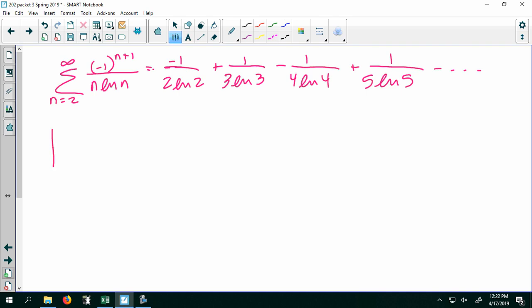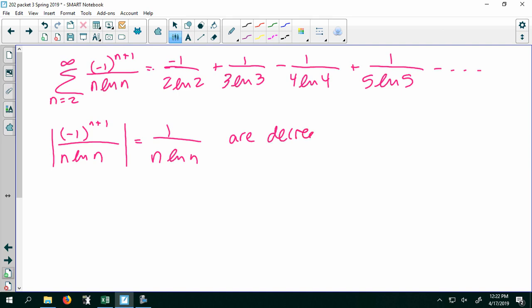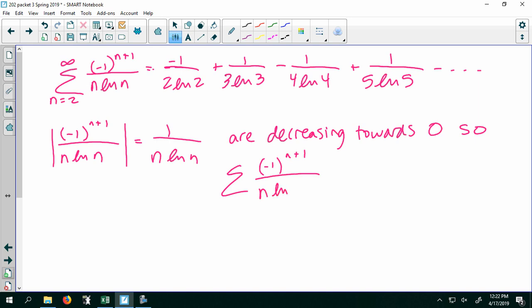So the absolute value of the terms, which is 1 over n ln n, the terms are decreasing towards 0. So the sum converges by the alternating series test.